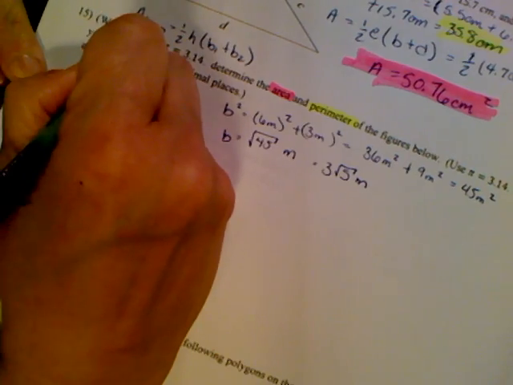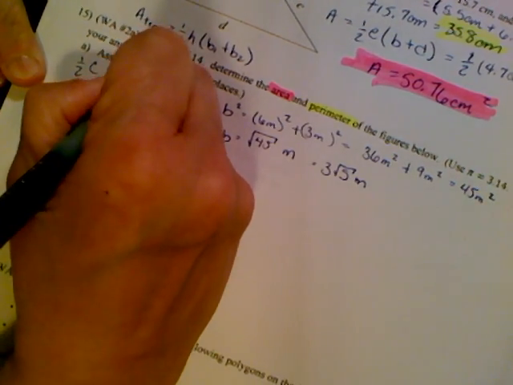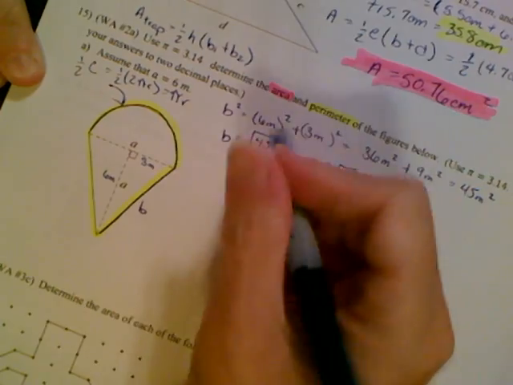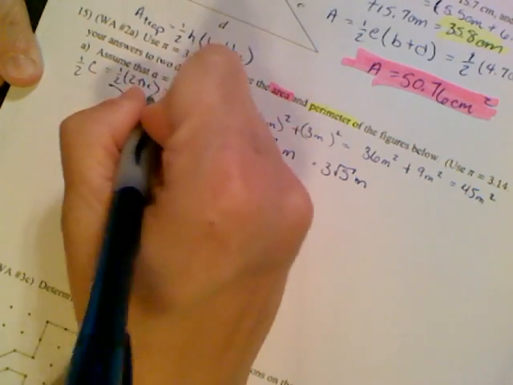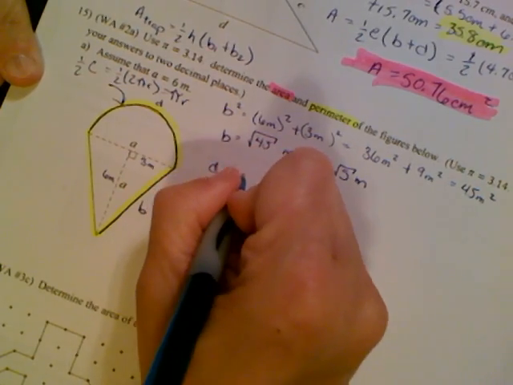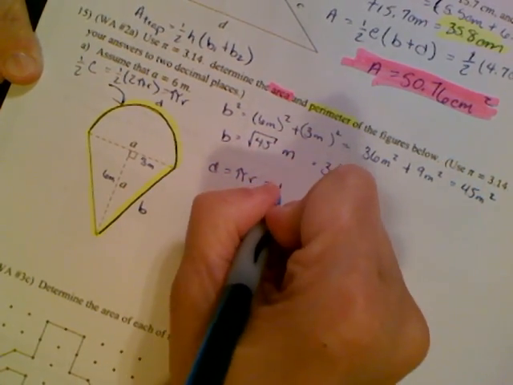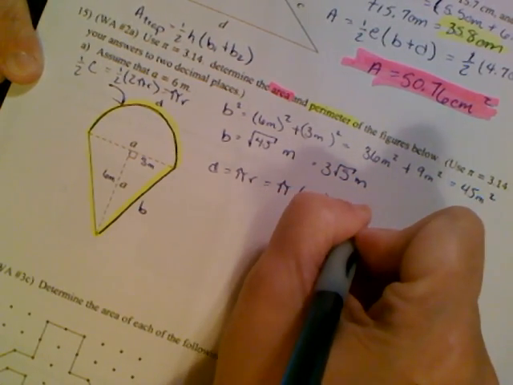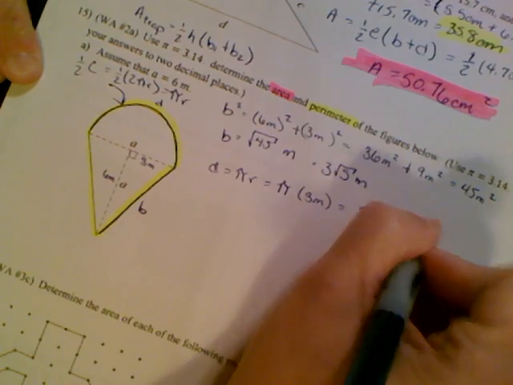Well, the circumference, it's going to be 1/2 2 pi r, so it's just going to be pi r. Okay, and let's call that distance d. So d is going to be pi r, so that's pi, and our radius is 3 meters. So that distance is 3 pi meters.